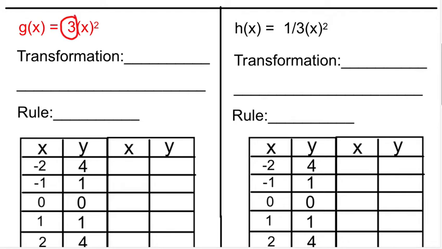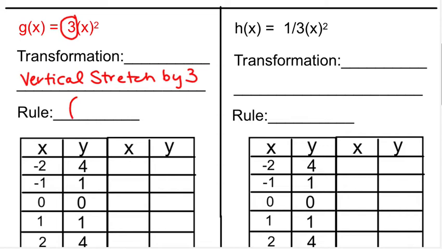It's a multiplier, a number greater than 1. So we say this is a vertical stretch by 3. The vertical is always affecting the y-axis. It's stretching it up. It's making it skinnier.